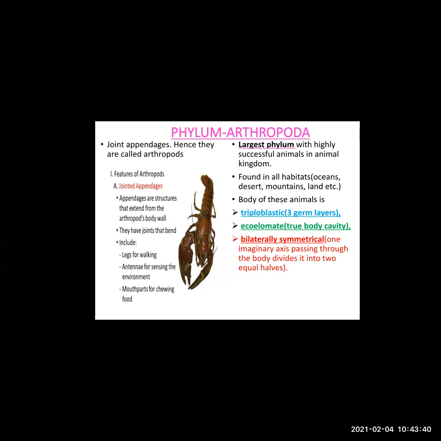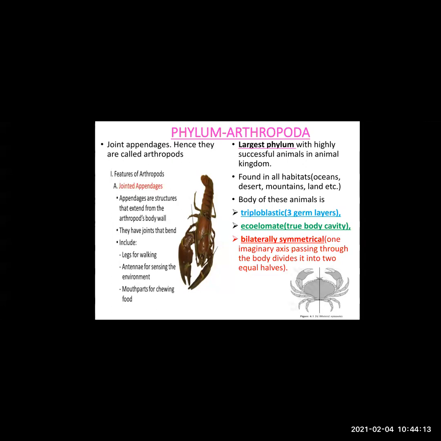Then how is the body cavity? It is eucoelomate. Eucoelomate means what? It has a true body cavity. Then how is the symmetry? If you see the animals of this phylum, they show bilateral symmetry.